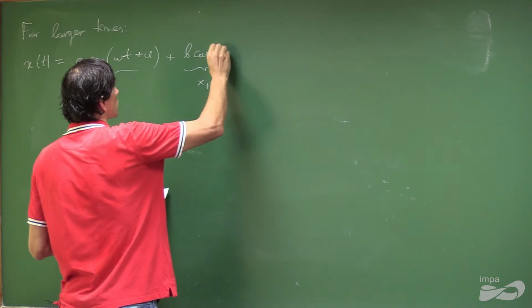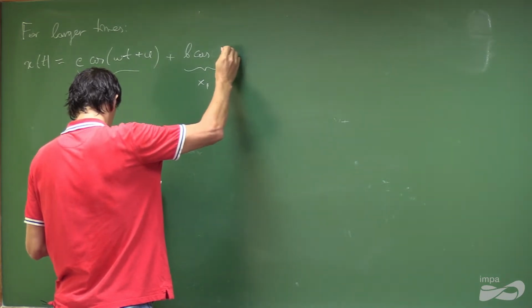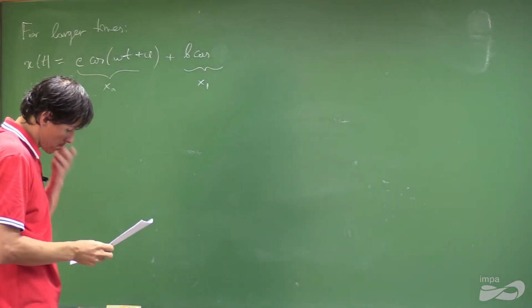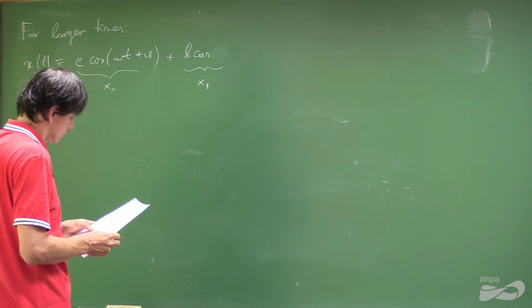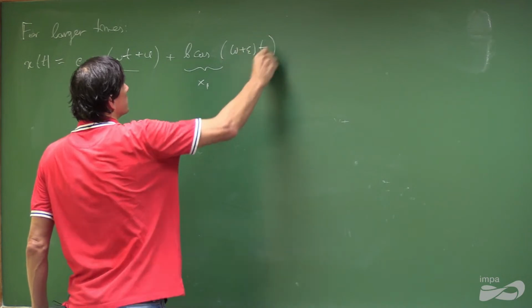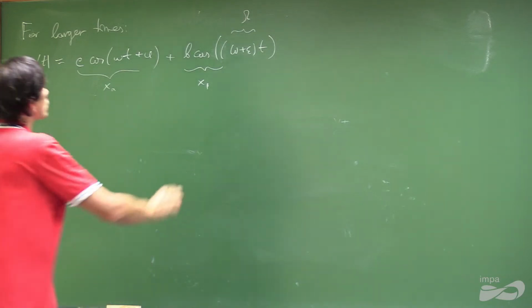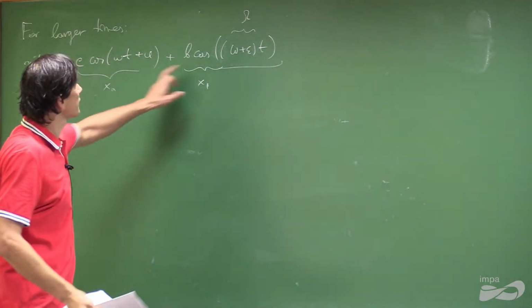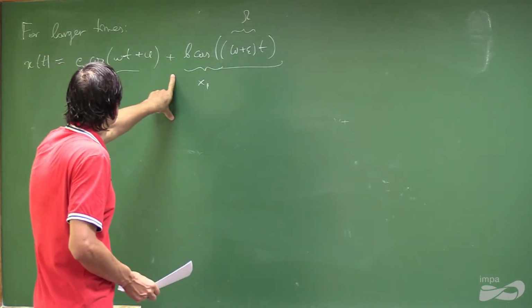So remember, here we had omega plus epsilon t. Yeah, so that's the solution near the resonance. But let's not make any simplification. Let's take a sum. So how do you take a sum of two cosines?